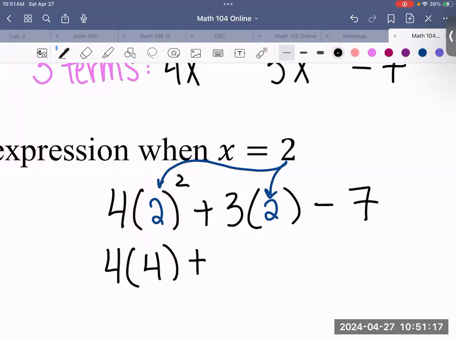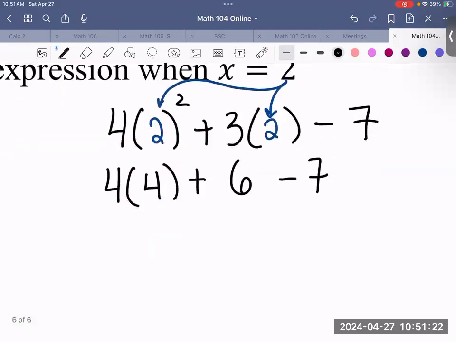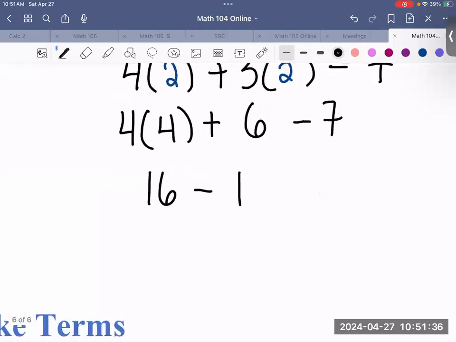Then we can go ahead and multiply. We also have access to any sort of calculator. So whether you use Desmos or a graphing calculator of sorts, please feel free. We have 16 minus 1 to give us 15.